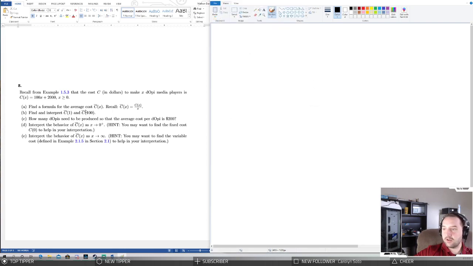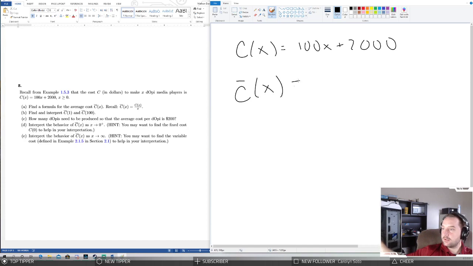So this is just a recap on all the other things. It says find the formula for the average cost. So this is just going to be, if C of x equals 100x plus 2000, then my average cost is going to be this.